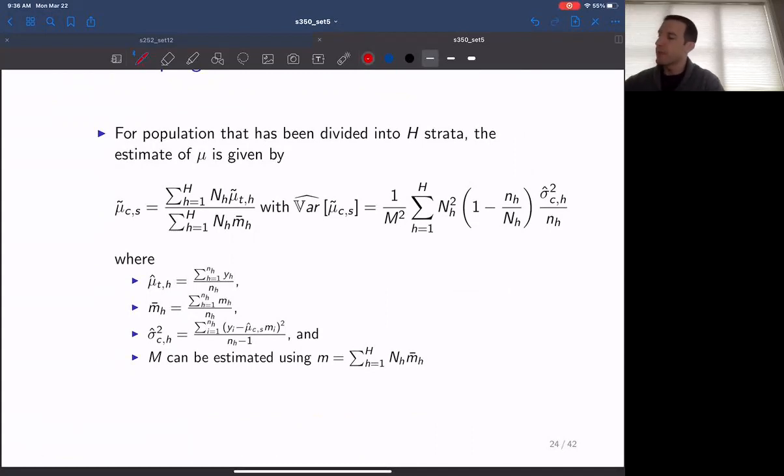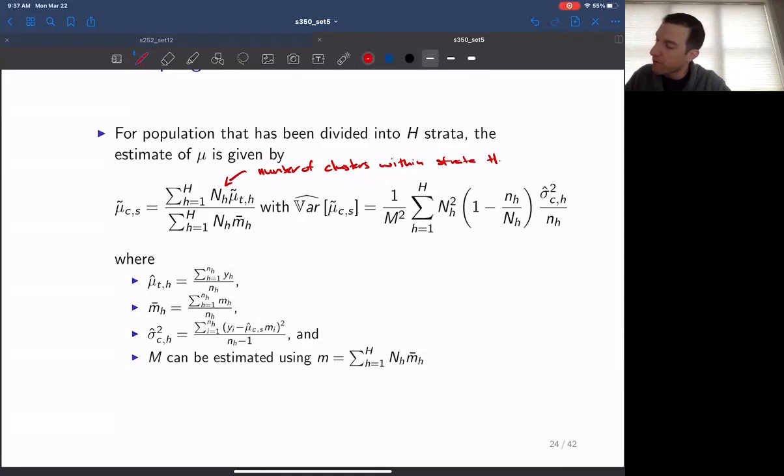If we have a population that has been divided into H different strata, we can estimate the population mean using the sum across the strata of the number of clusters, where capital NH is the number of clusters within strata H, multiplied by the mean estimator within that strata, where the mean estimator uses the second formulation that we talked about for cluster sampling.